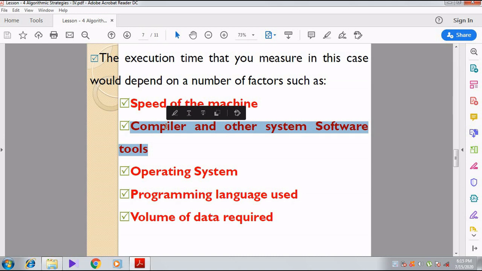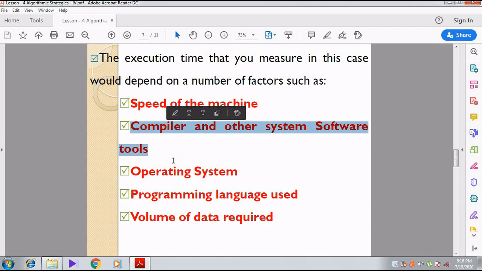There are different compilers for C and C++, such as the Turbo C++ compiler and the Dev C++ compiler. Last year you studied Dev C++. It is one type of compiler, right? And it is based on the system tools, right?